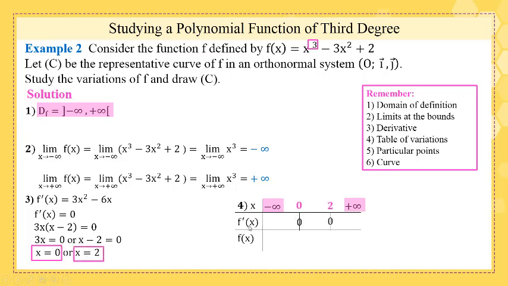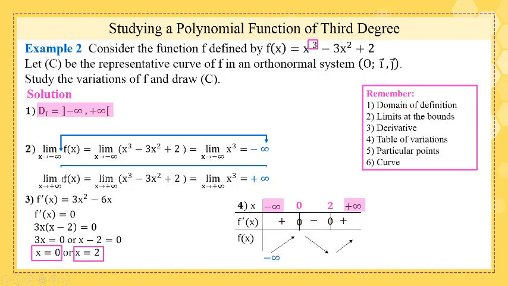The sign of f prime of x is plus, minus, plus, since f prime of x is a polynomial of degree 2 and the coefficient of x squared is positive. And so the sense of variations of f are as follows. The limit of f of x as x tends to minus infinity equals minus infinity.